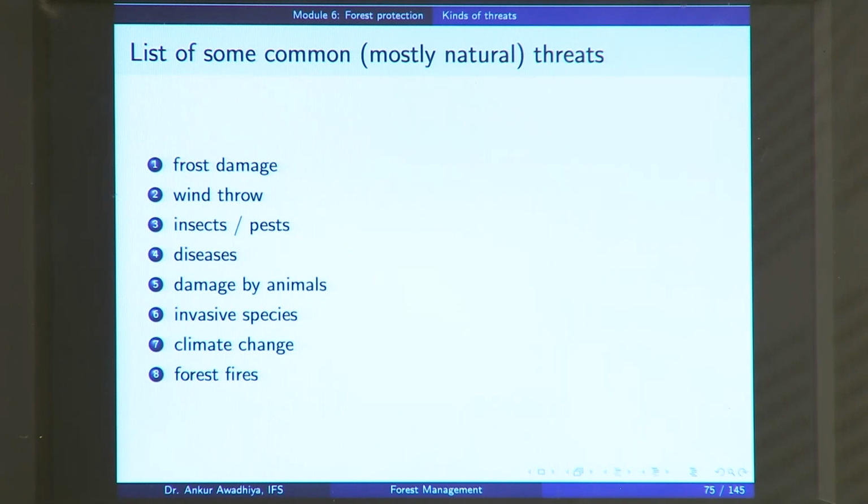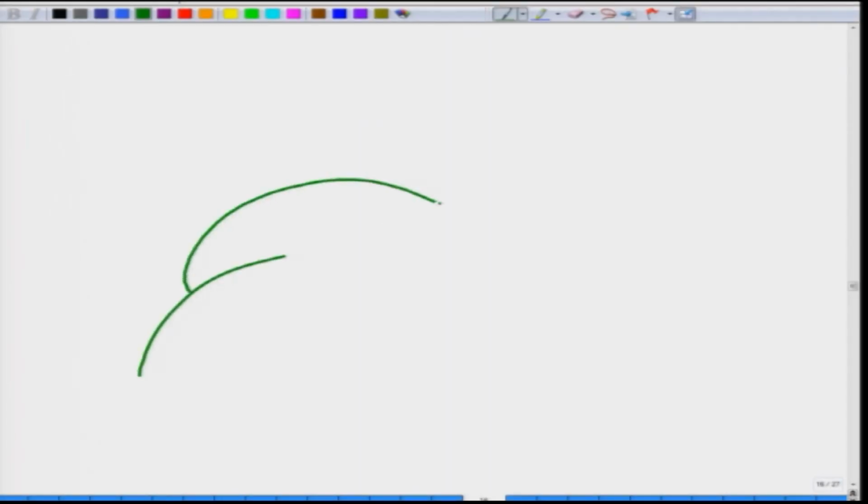So, when you have a frost, the dew that is forming on the leaves and on the trees gets frozen, and when it gets frozen, there will also be damage to the leaves, because what is happening here is that you have a leaf, and when the temperature is going low, then there is ice that is developing on the surface, but at the same time the water that is inside the cells also starts to freeze.